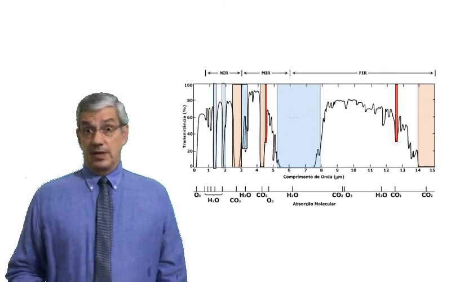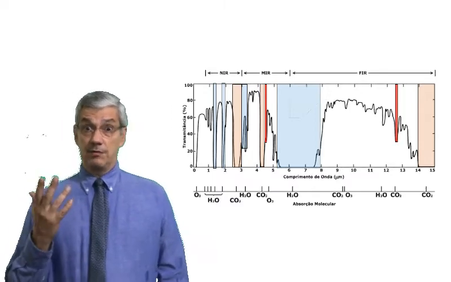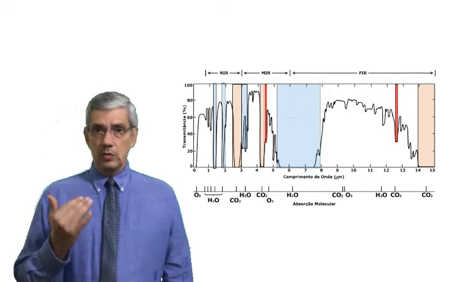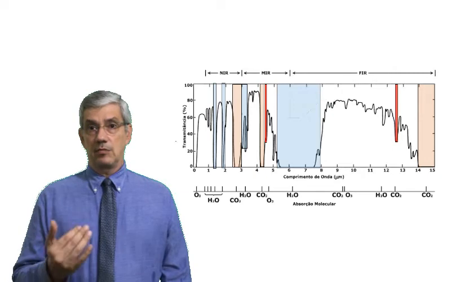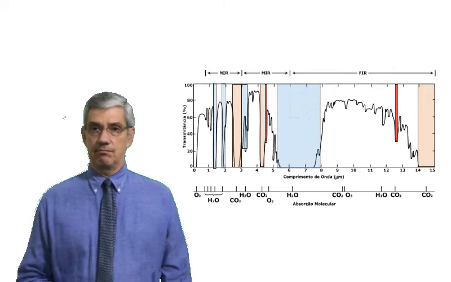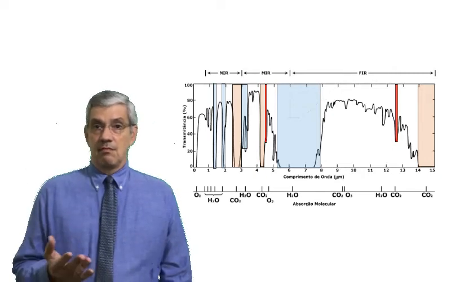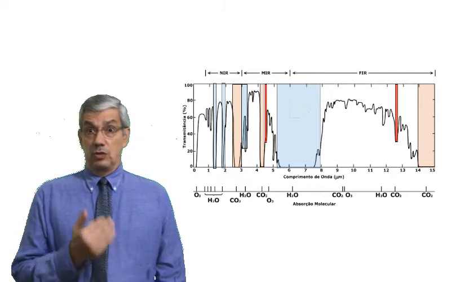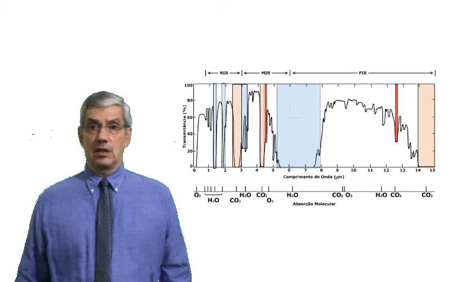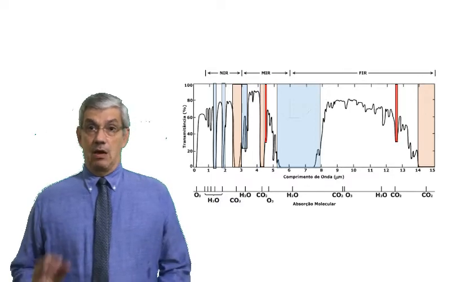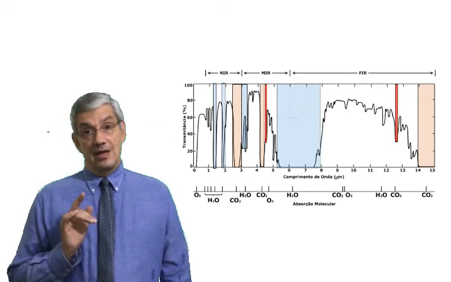The importance is the following. What will happen if you increase the concentration of carbon dioxide in the atmosphere? The regions in which the absorption is 100% cannot increase any longer. The only regions that can increase are the red ones.